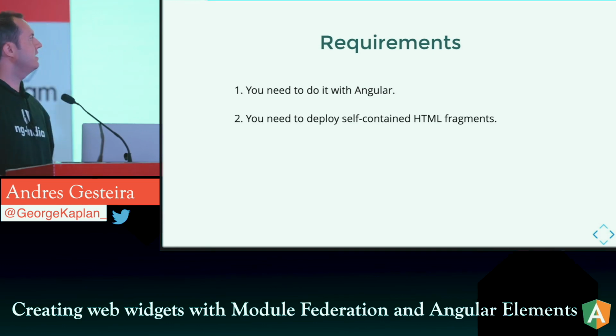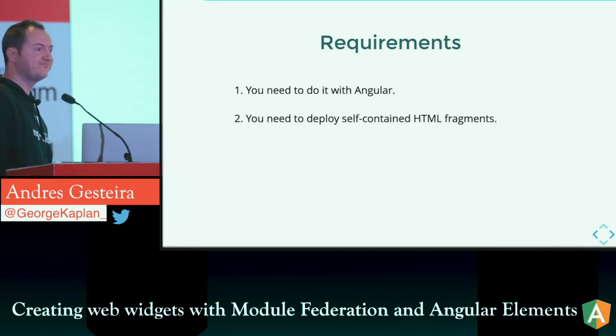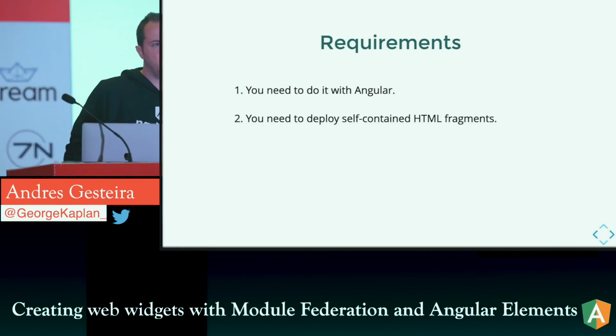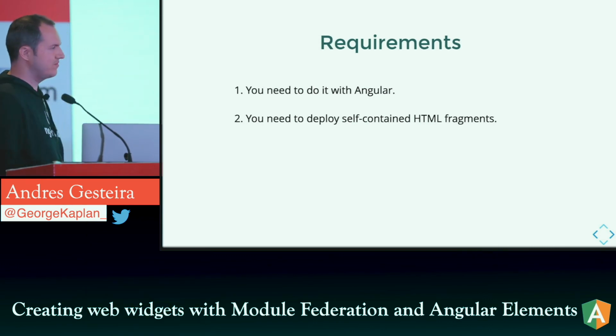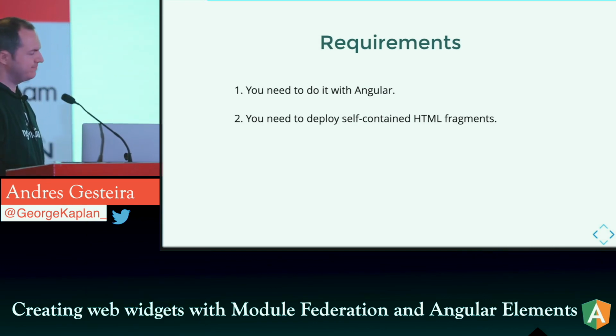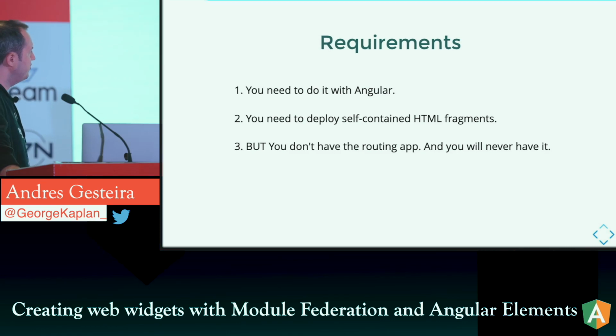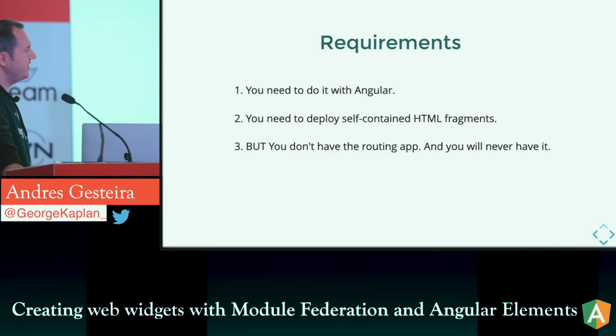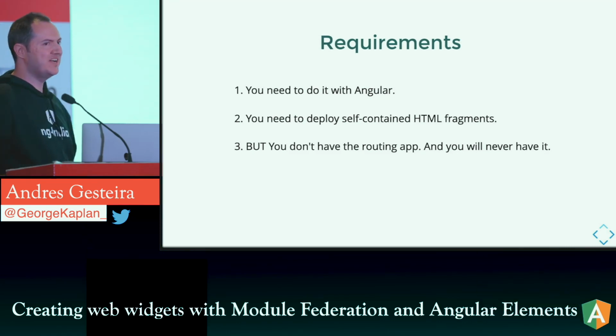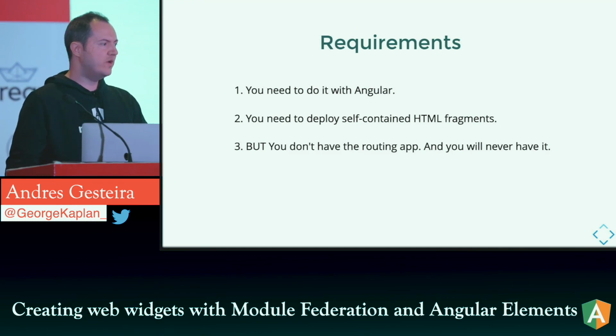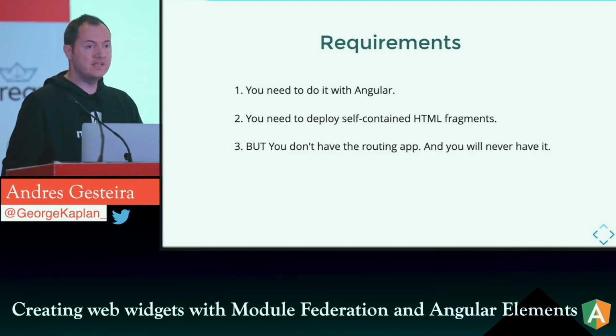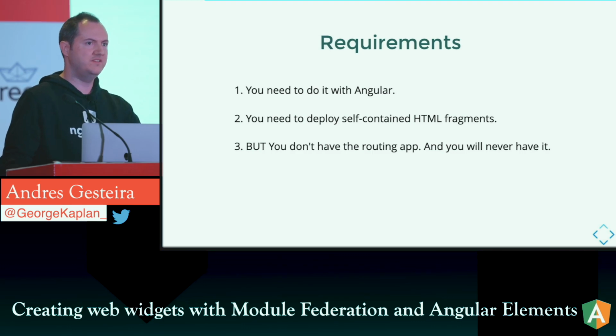Then you need to deploy self-contained HTML fragments. And then I thought of module federation automatically, because that's more or less what it does, right? But then they said, okay, but you don't have the routing app, and you will never have it. Before, we have seen a talk about headless Angular with a headless CMS, right?